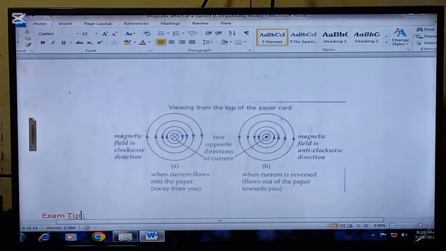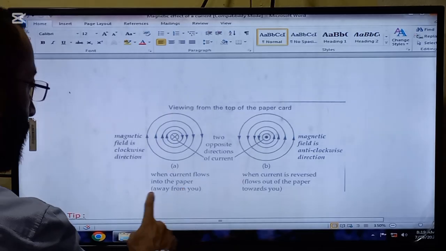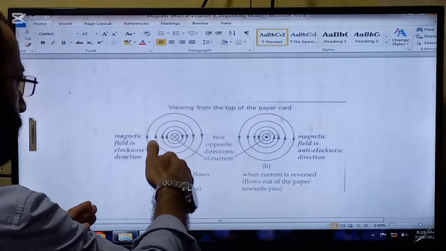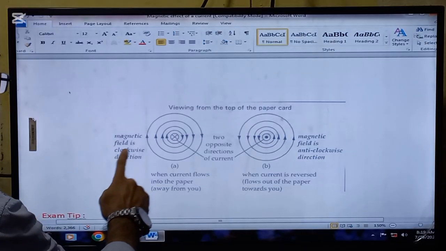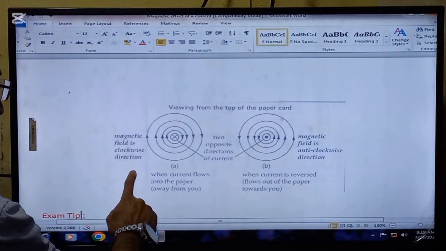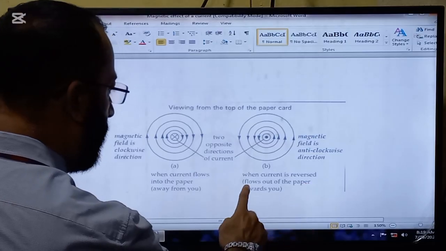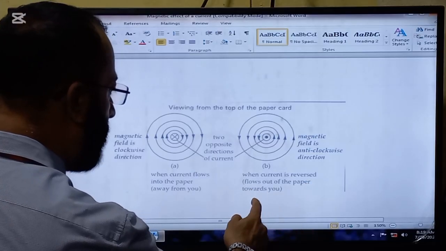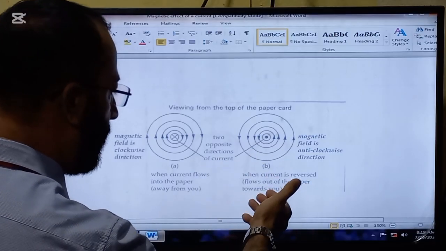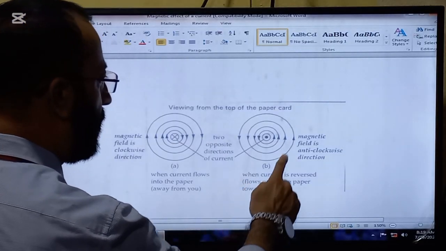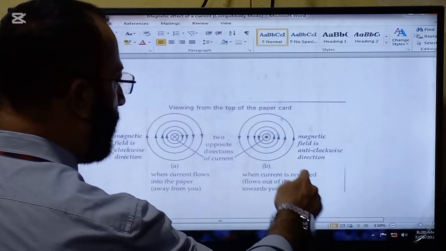So here you can see when current flows into the paper, away from you, the magnetic field is in the clockwise direction. And when current is reversed, it means a flow out of the paper towards you, the magnetic field is anti-clockwise.